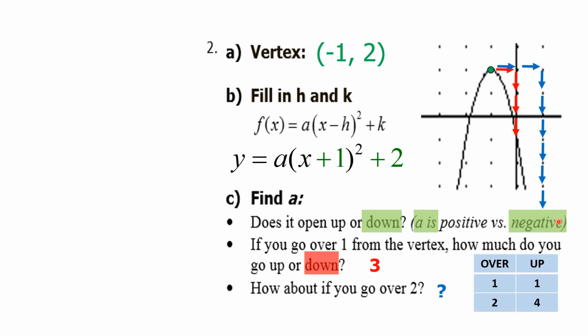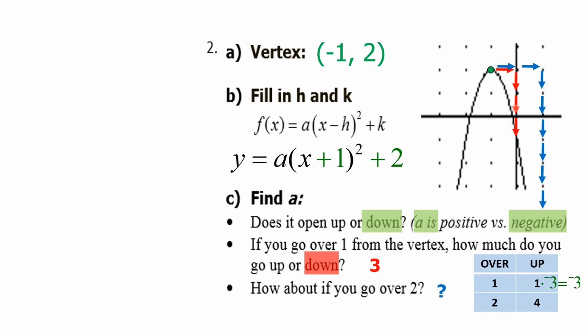Okay, so here's our model, over and up. So over 1, up 1, over 1, down 1, over 2, up 2, or over 2, down 2. However, when we went over 1 and down 1, we would be right here. We're not on the graph. So we go over 1 and we keep going down until we touch the graph.